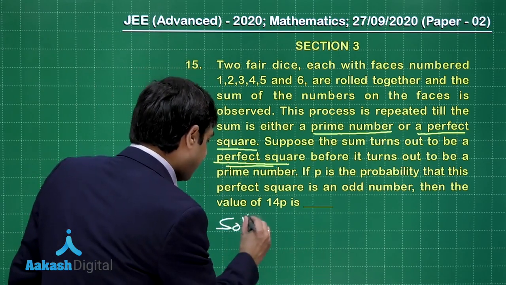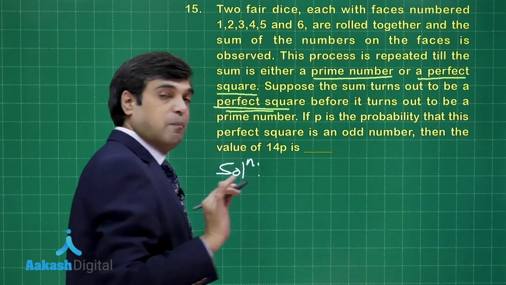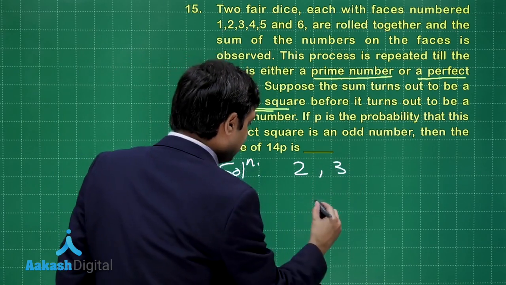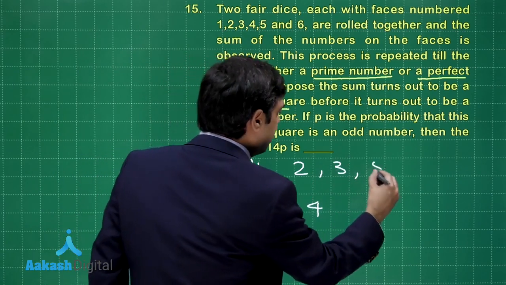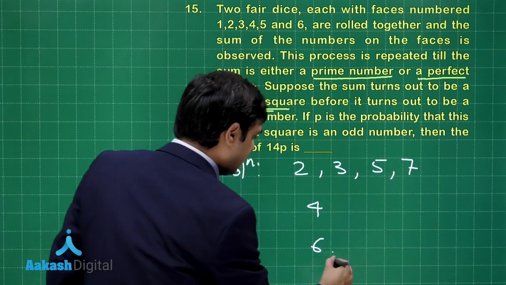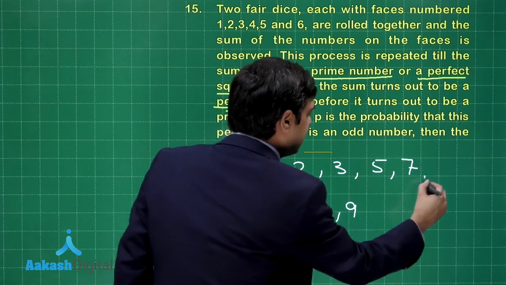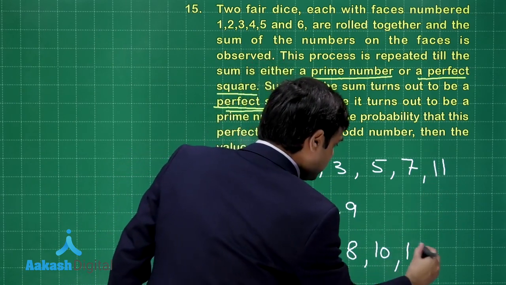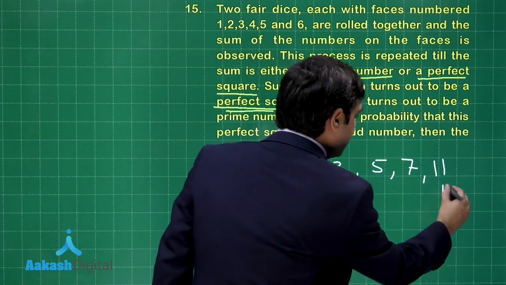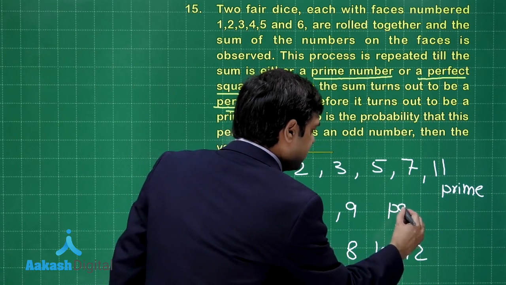Let's understand the statistics. Sum possibility, it is 2, 3, 4, 5, 6, 7, 8, 9, 10, 11, 12. What I have done, this is the case for prime numbers. This is the case for perfect squares.